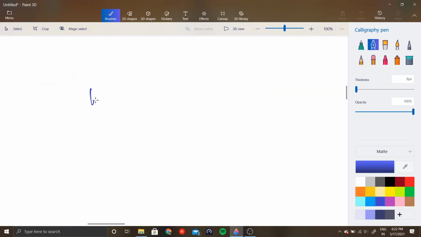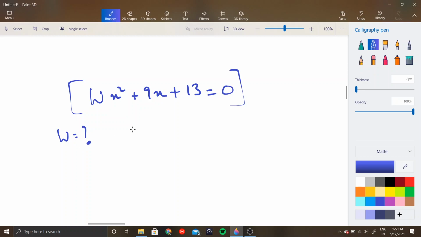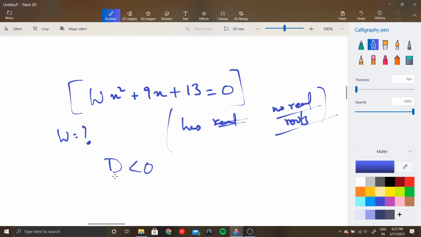Consider the equation wx squared plus 9x plus 13 equal to 0, right? Okay, so you need to find the value of w for which the equation has no real roots. So no real roots means the discriminant is less than 0.